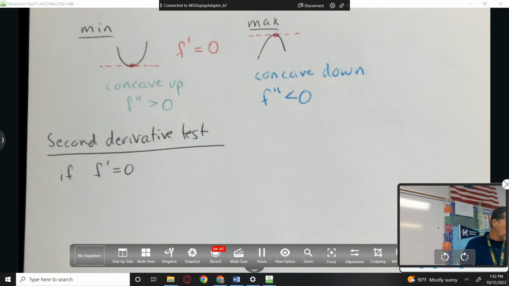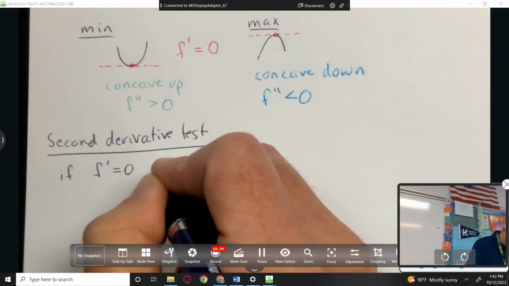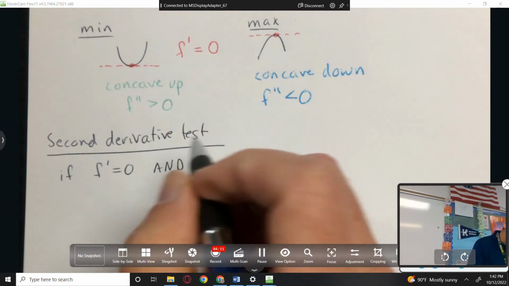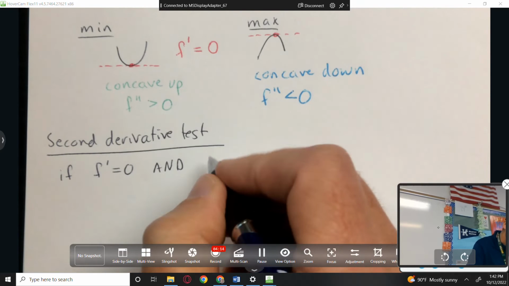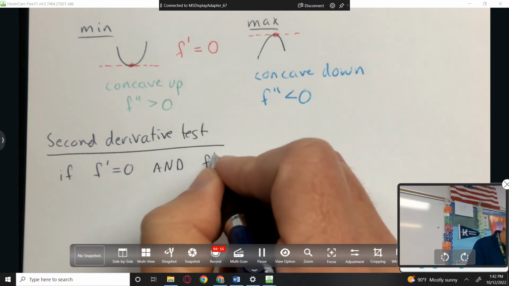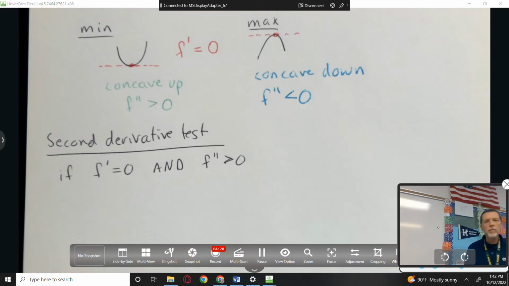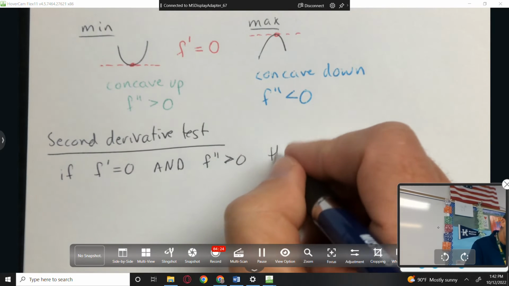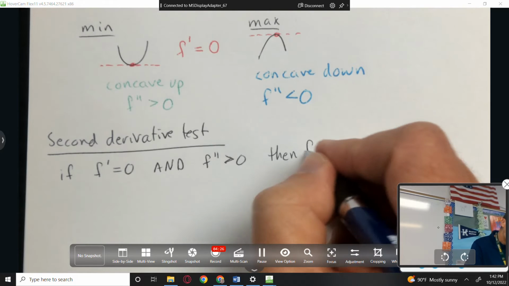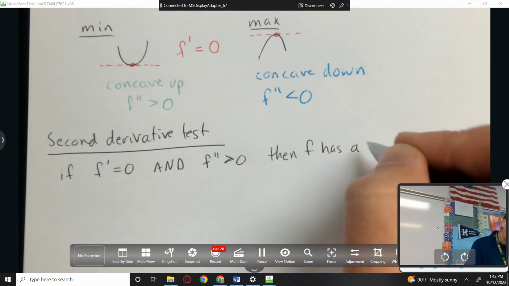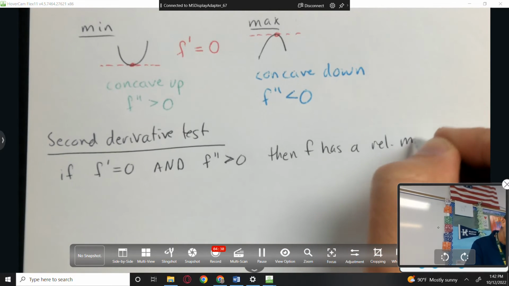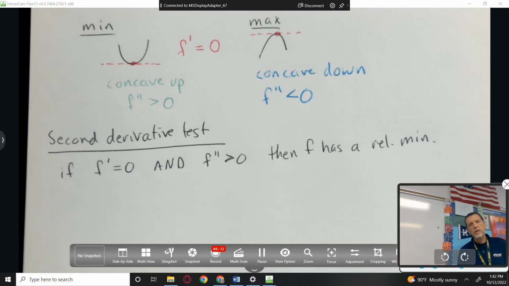If F prime equals 0, and I guess we'll do the minimum first since that's the one we wrote first, F double prime is greater than 0, positive, then F has a relative minimum.